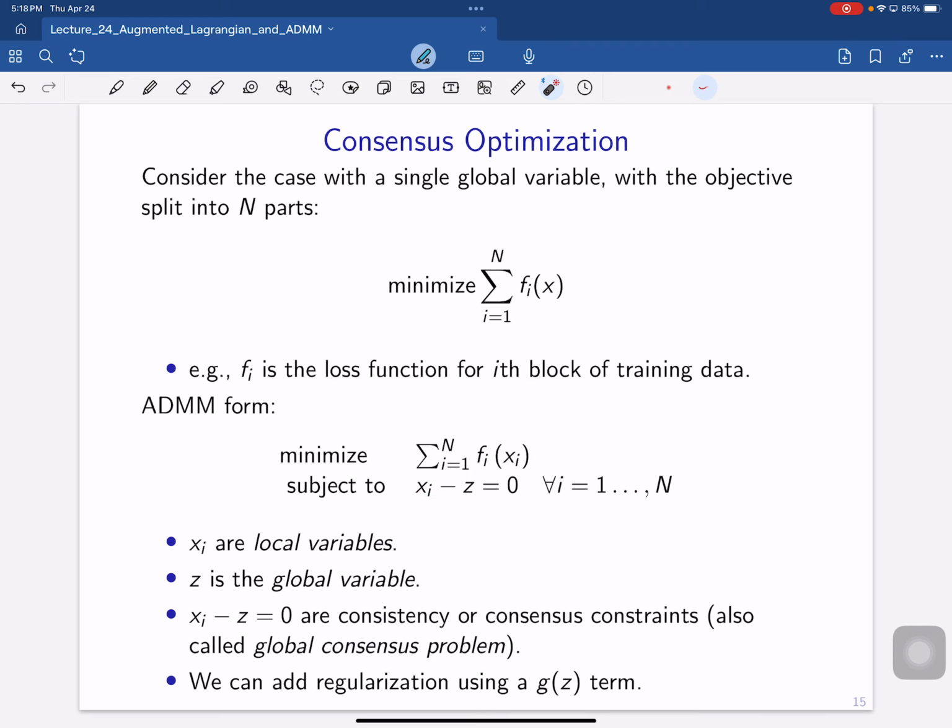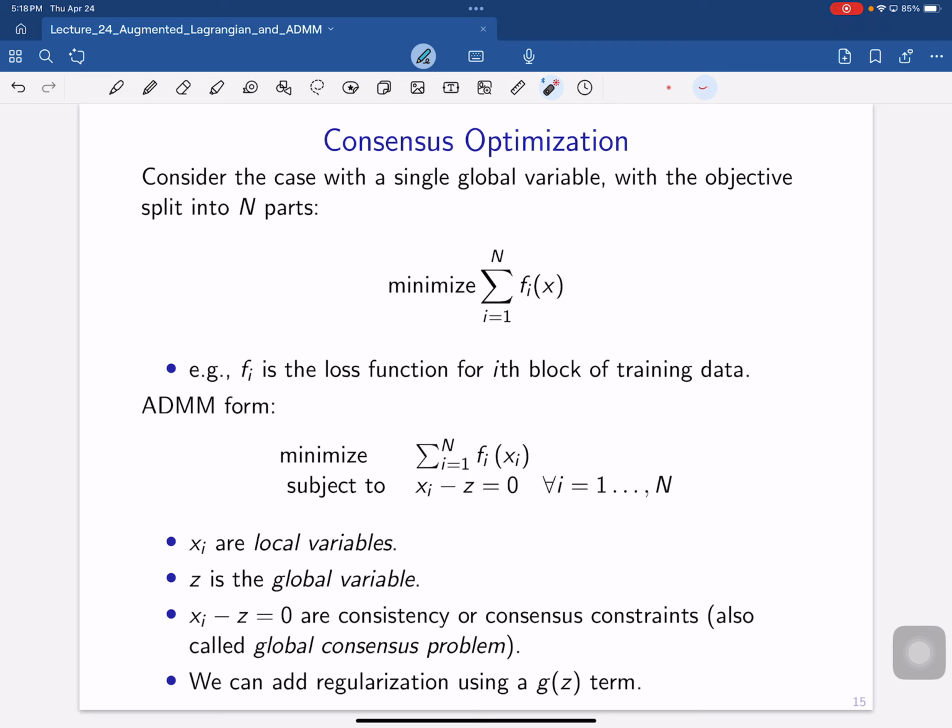Right? So you can define a so-called global variable z and set it equal to all the xi, from 1 to n, you've created, right? Or you could also treat x1 as a global variable and set all the others equal to x1, right?